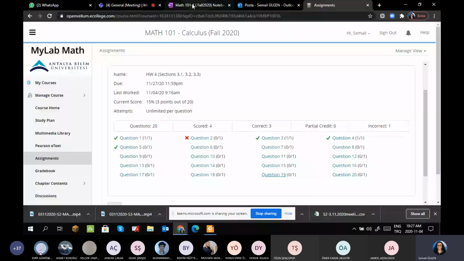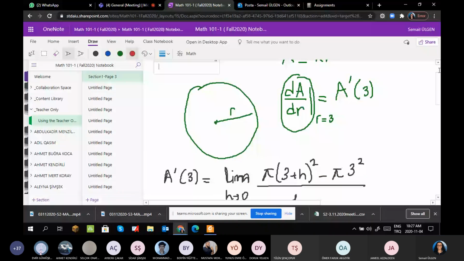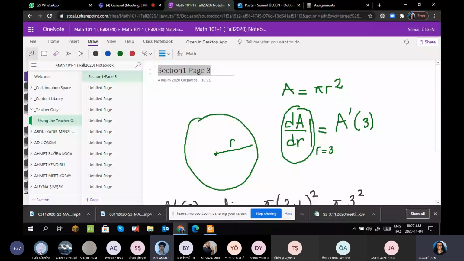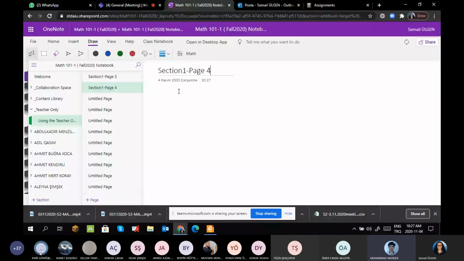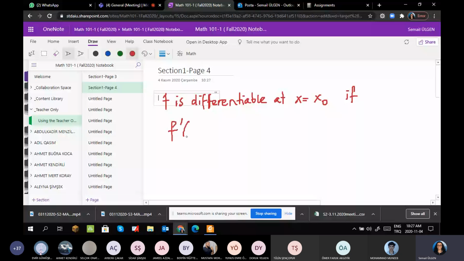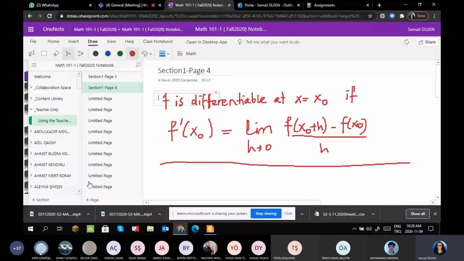We say a function f is differentiable at x equal to x0 if this limit exists and is finite: the limit as h goes to 0 of f of x0 plus h minus f of x0, over h.